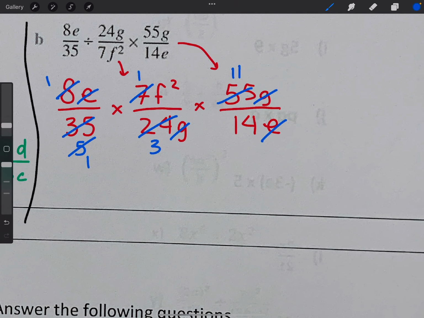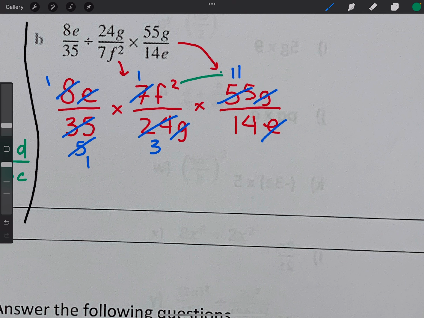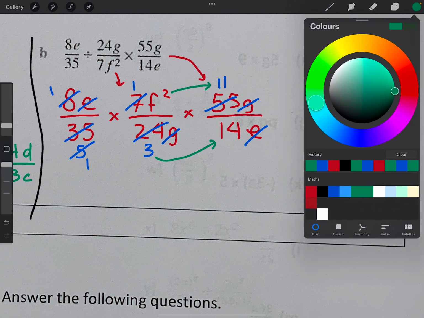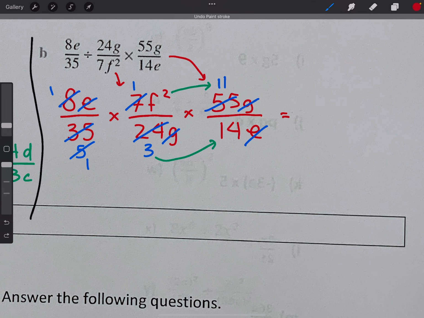So, what do we have left? Well, we've got f squared left. We've got 11. So f squared times 11, and 3 times 14. So the answer is going to be, actually, let me put that in green.